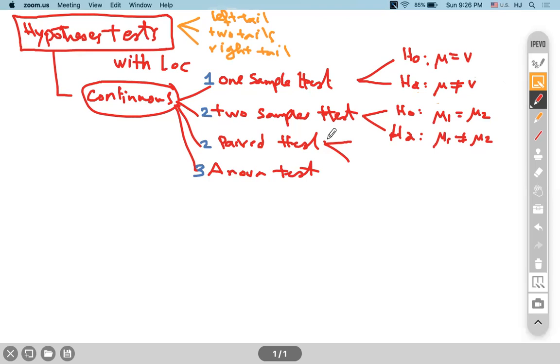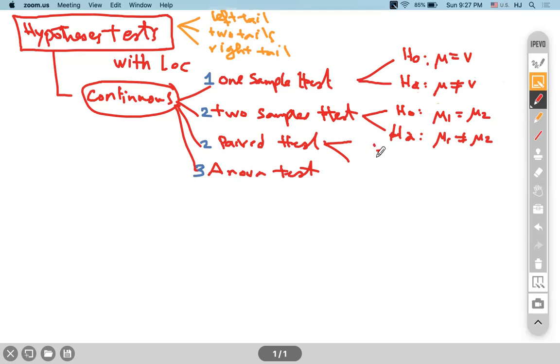So let's say sometimes a certain medication was applied on that group, and then a different medication was applied on the same group. Or a test was applied on this group 2 times. So these groups, or these variables, are related to each other. Same entities: I applied 2 tests on the same entities. That's why we describe that as a paired group.